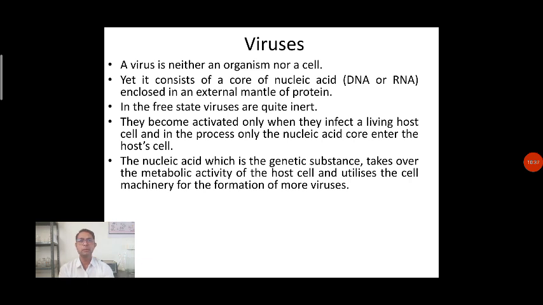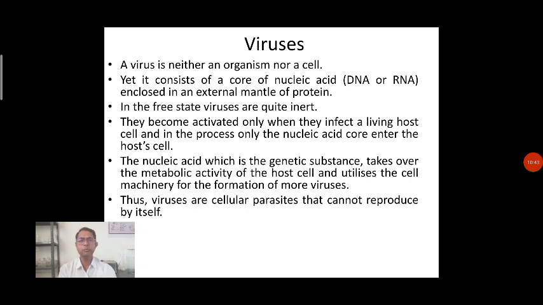Now, viruses are acellular parasites that cannot reproduce by themselves. Suppose viruses are present in the environment; they cannot reproduce by themselves. They require a particular type of host. They need to penetrate that host, and only then will they grow and reproduce.